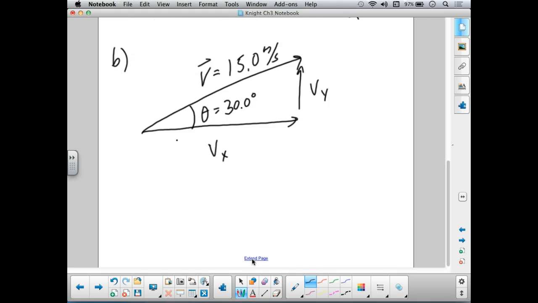We know from our basic trig relations in geometry class that if I take the adjacent side over the hypotenuse, the value of that fraction is going to be equal to the cosine of that angle.